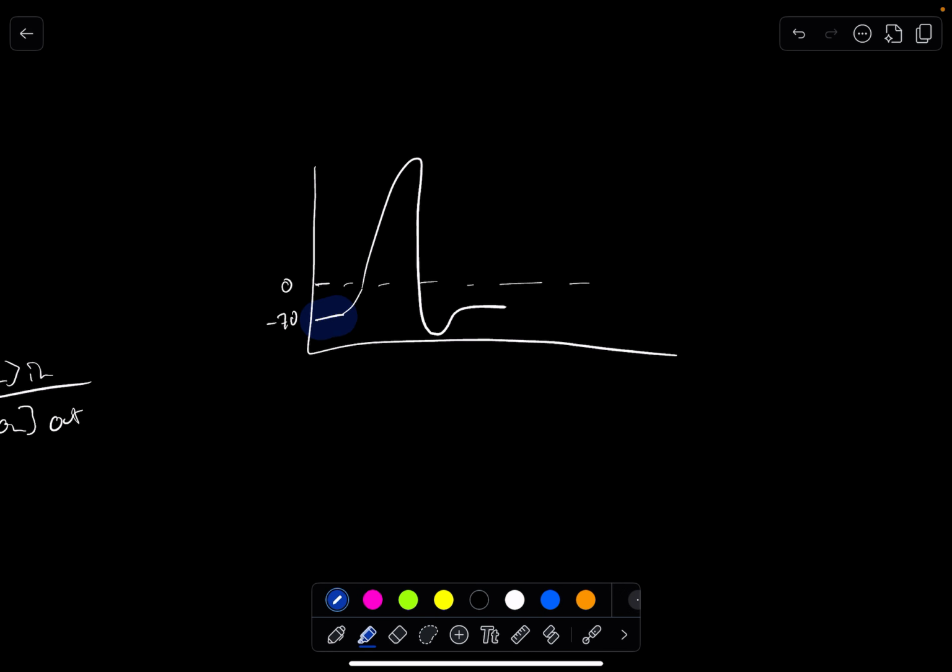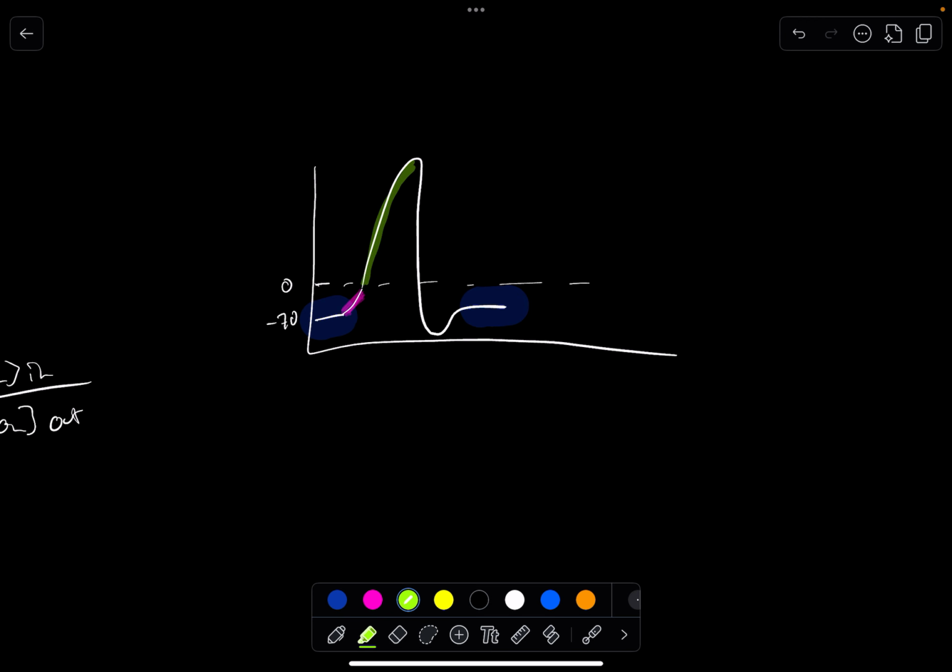Right here, you've got resting membrane potential, right? Let's make that a little smaller. Okay. Right here, you've got a graded potential, right? A little bigger. Right here, you've got your depolarization, right?